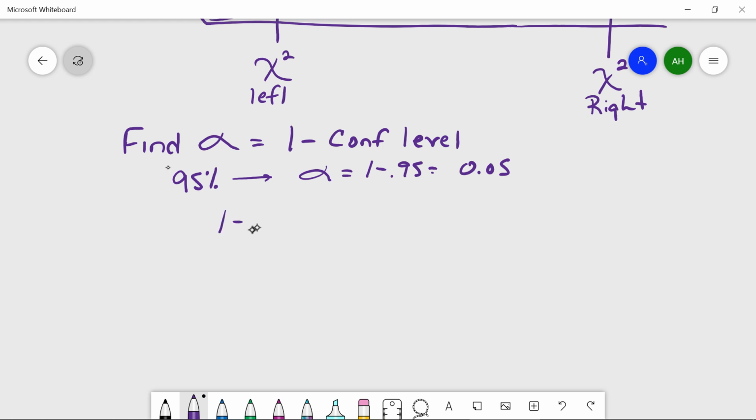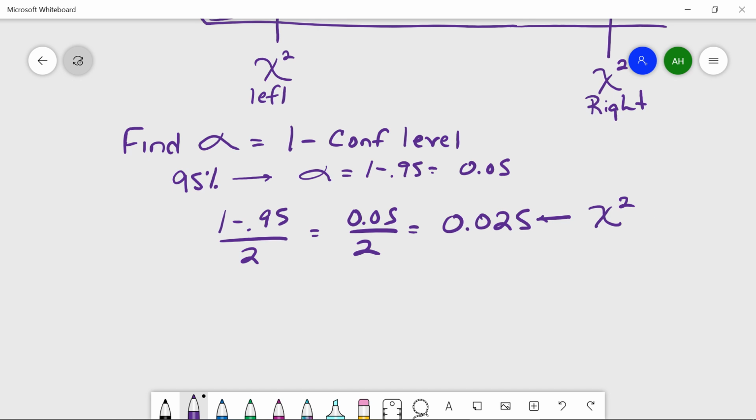So I get 1 minus 0.95 divided by 2, which is 0.05 divided by 2, which is going to give me 0.025. And this is going to be my chi right.